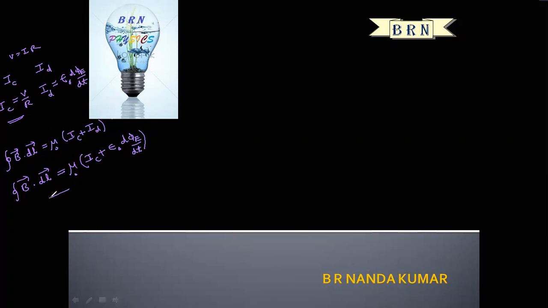This is the Ampere-Maxwell law, also called the modified Ampere's circuital law. According to it, the line integral of magnetic field around any closed curve is equal to mu naught times the sum of the conduction current and displacement current.